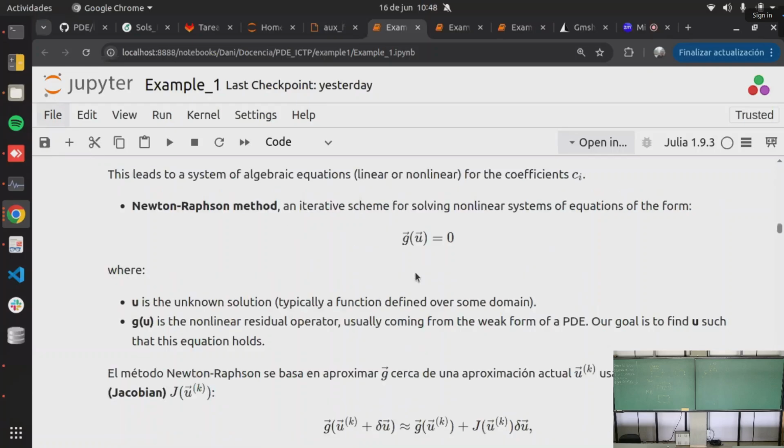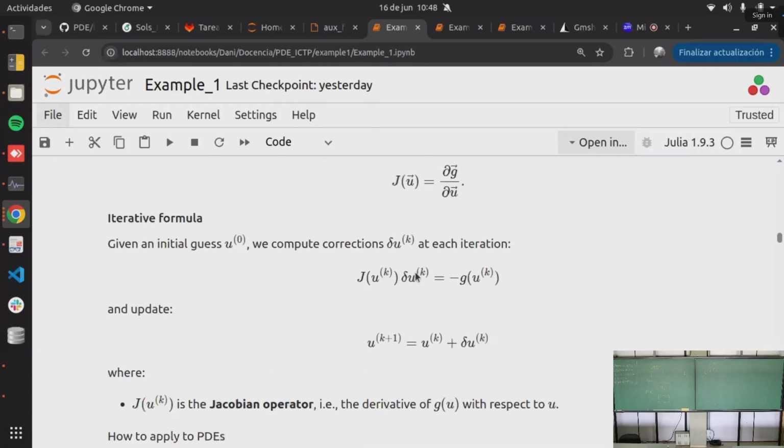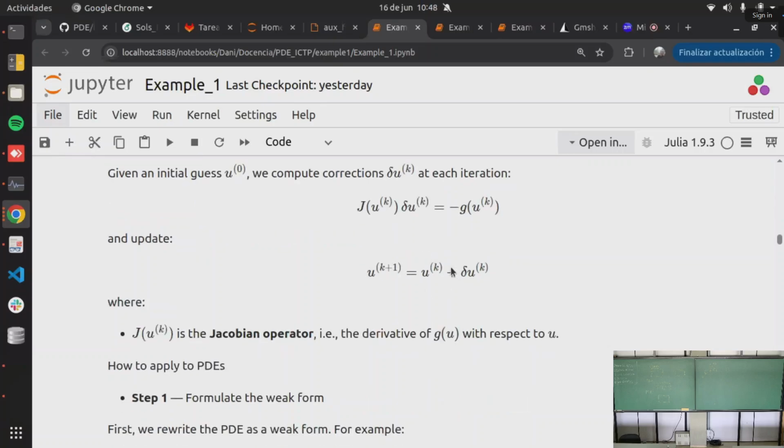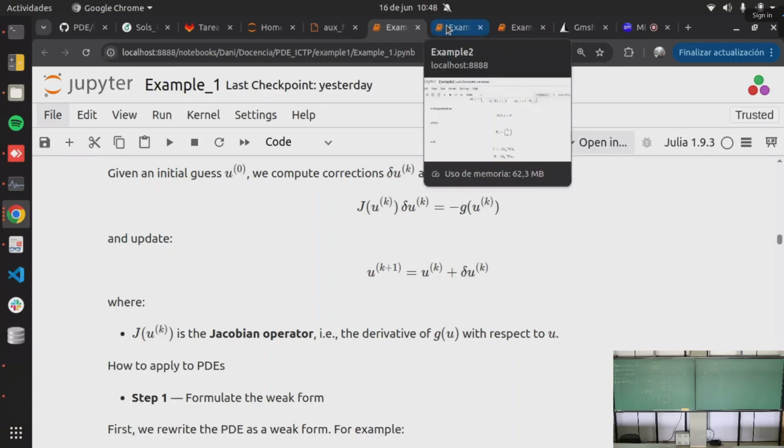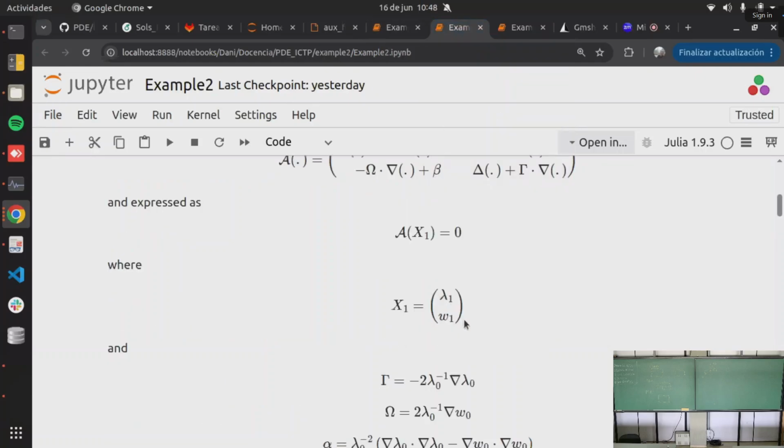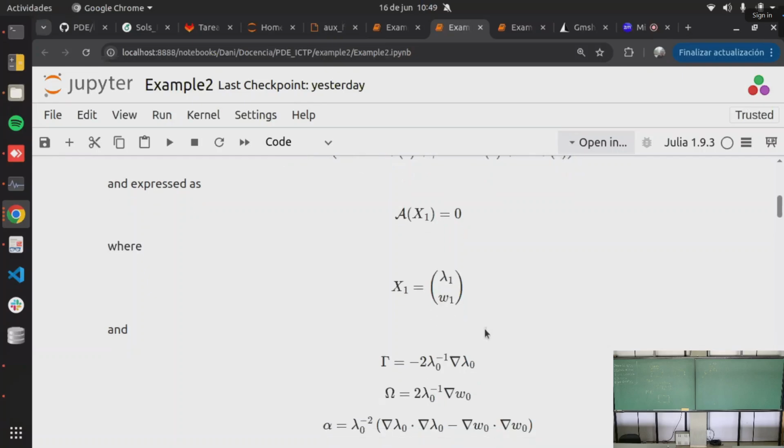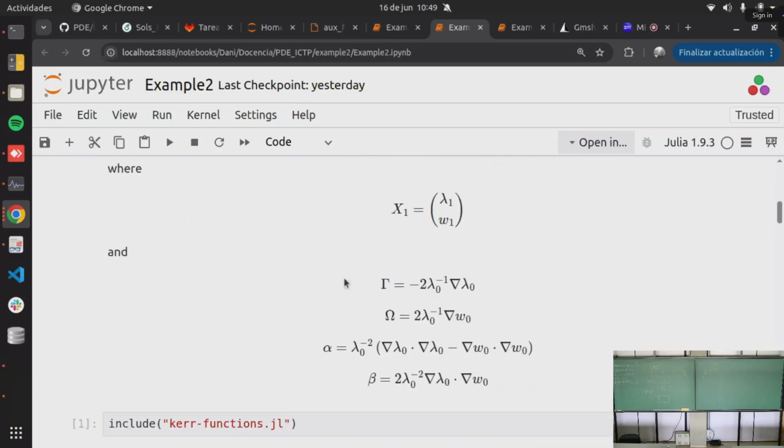We have to linearize the system with a seed and a correction in every step. So x1 has information of the correction for the lambda and the omega, where here are the functions that define the residual part of the equation.